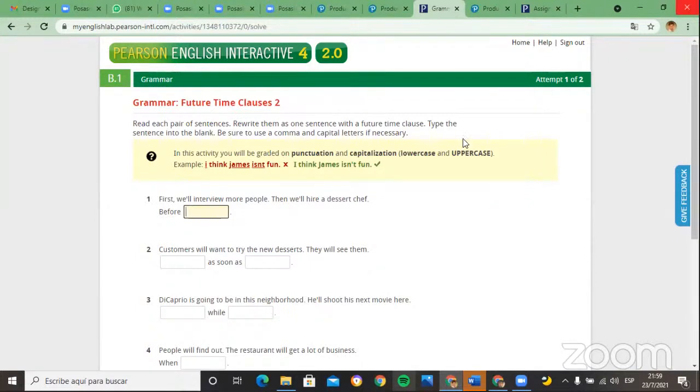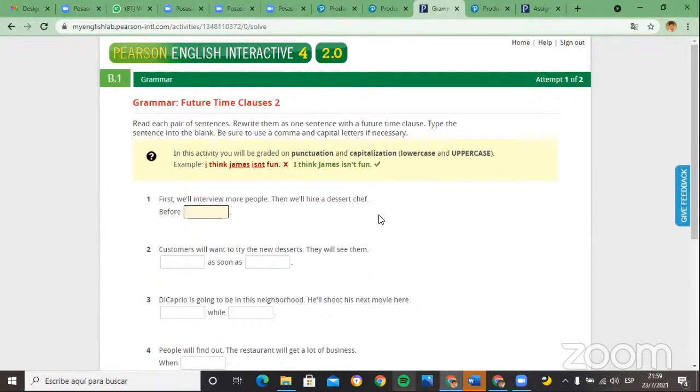Do I need to copy the exact same sentence in this practice? Oh, yeah, I know. Like before we'll hire a dessert chef, and then it's this, or first it's this, then it's this. But how do they want me to write it?